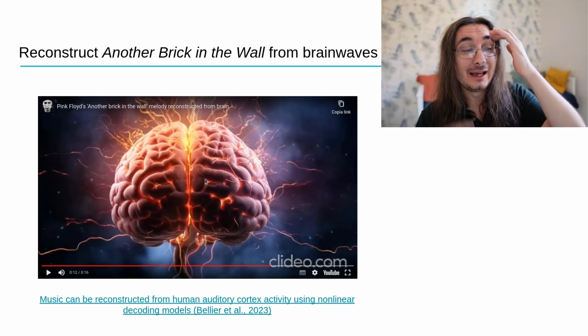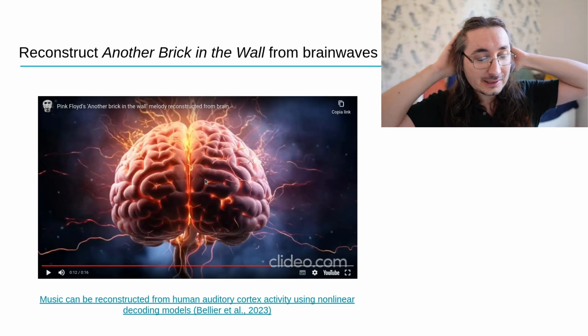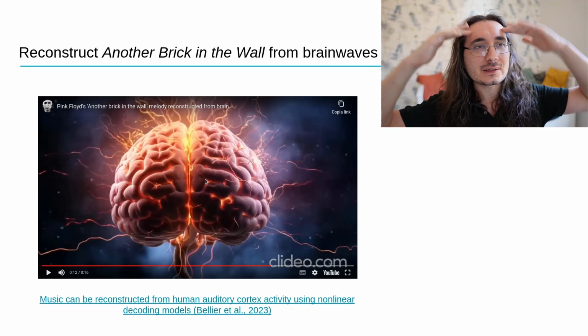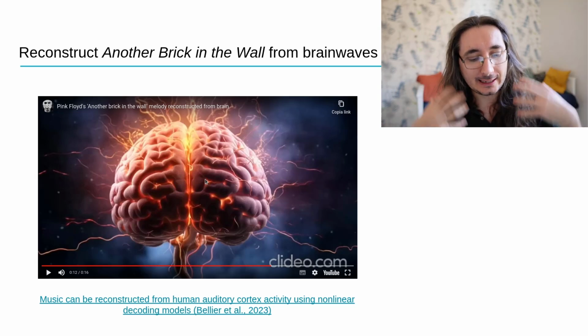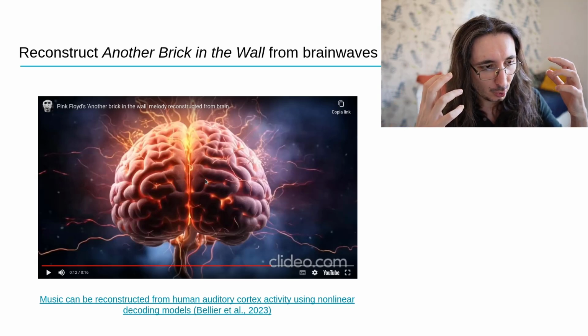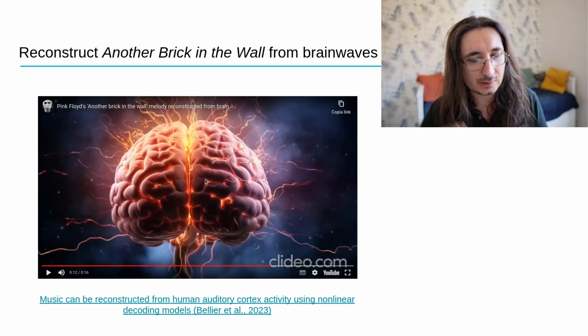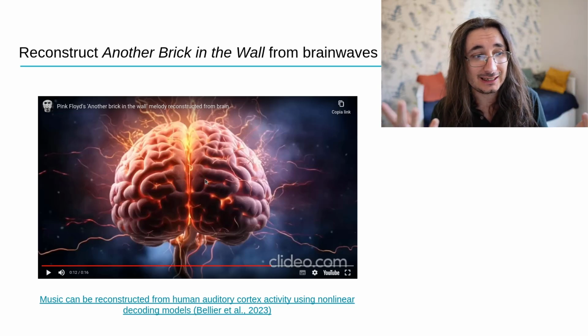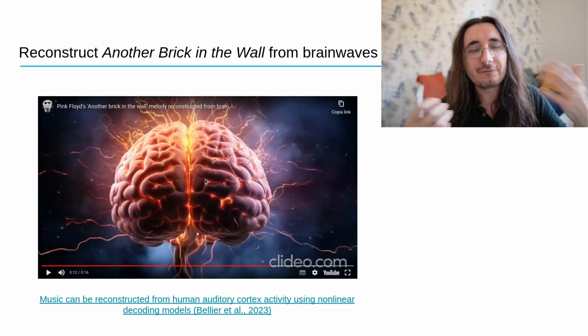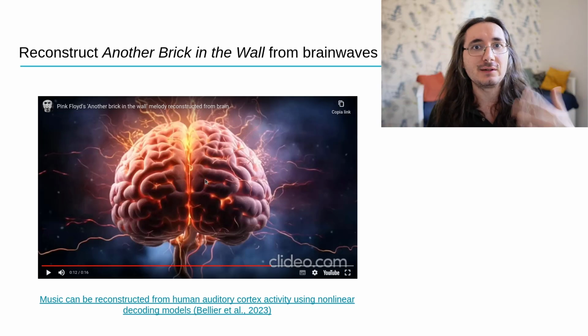Quite amazing, isn't it? Now, all of this just to say that there are so many different levels at which we can represent music, we can encode music, but all of these levels we've analyzed so far, so a score, sound, and this brain activity, are not a perfect representation for our generative music models.